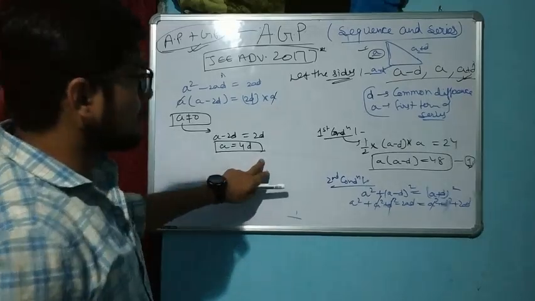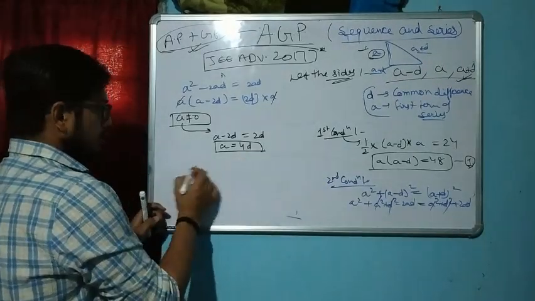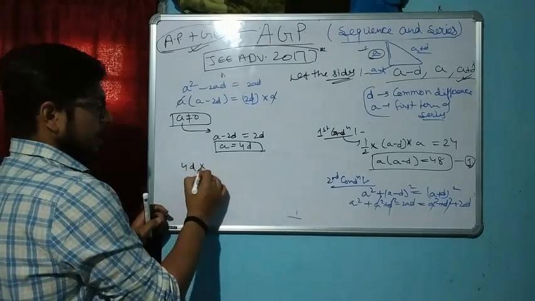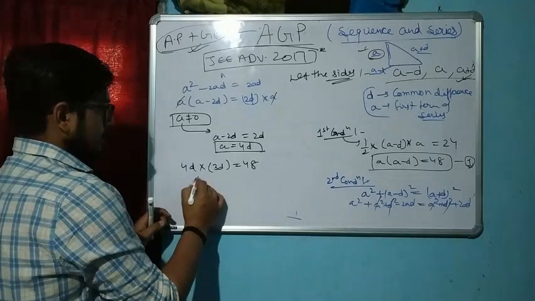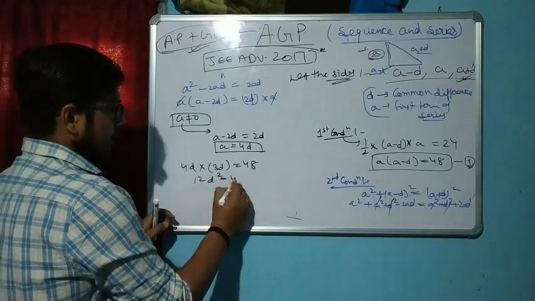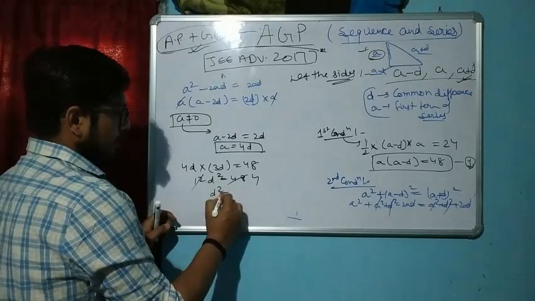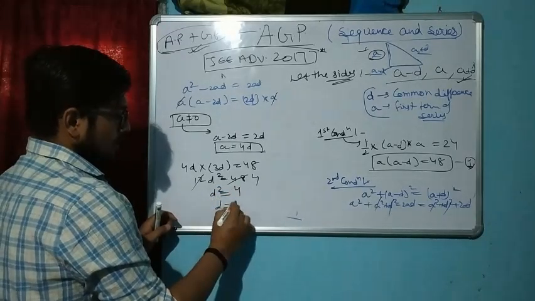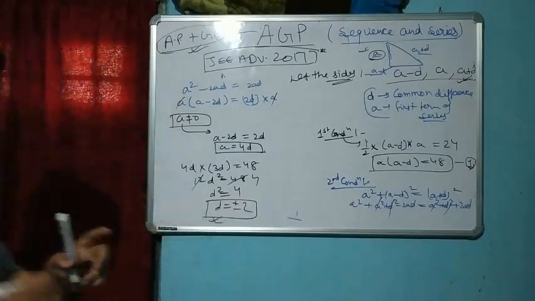Now let us substitute this value in equation 1. After substituting, we will get 4d into 3d equals 48, which is basically 12d square equals 48. So d square will be equal to 4, d will be equal to plus minus 2. Now which value to choose here?